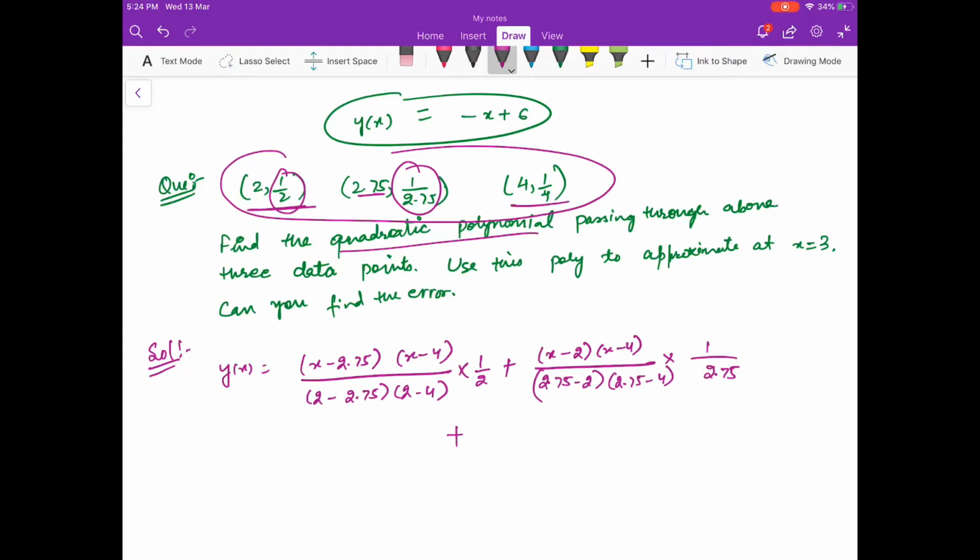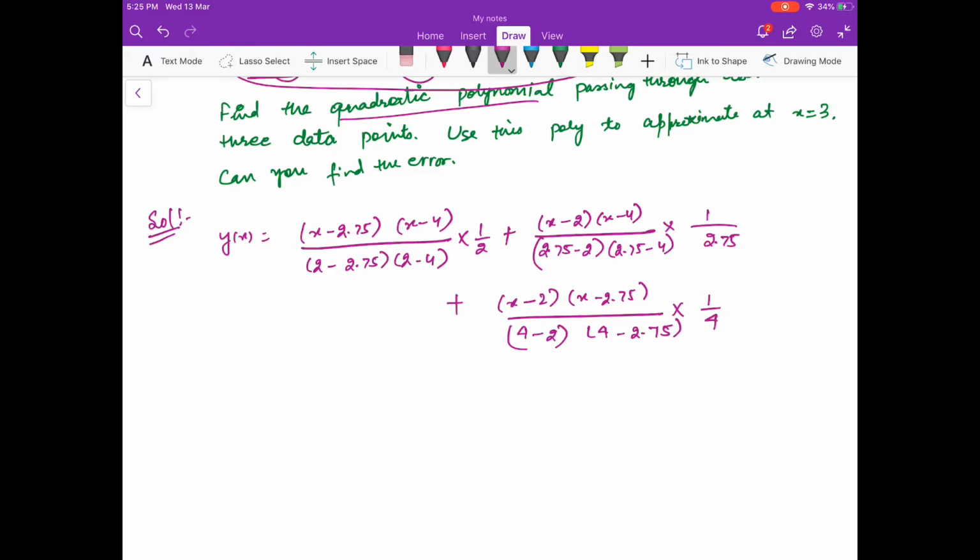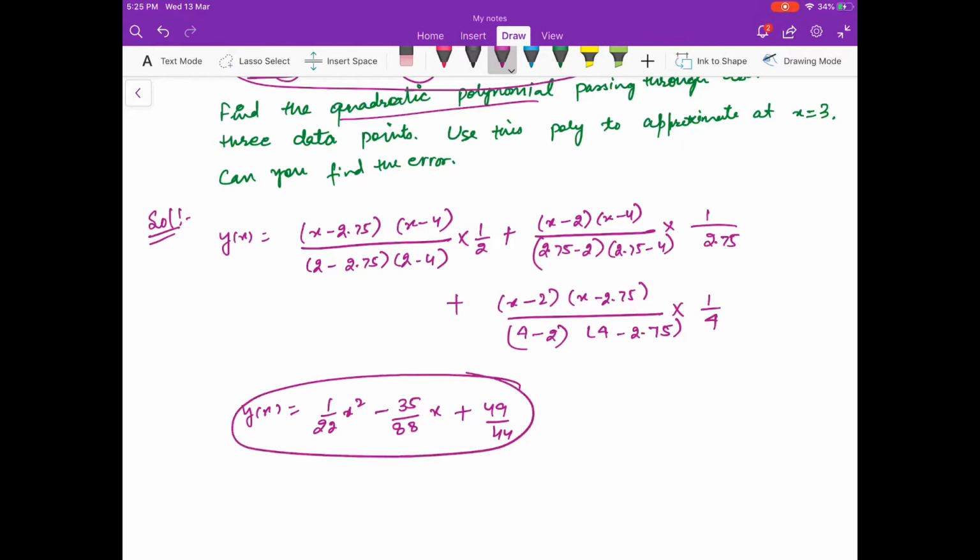Now you don't use the third data point, so you have x minus 2, x minus 2.75 upon 4 minus 2, 4 minus 2.75, into the value of the function, that is 1 by 4. So you just simplify this polynomial. This polynomial is equal to 1 by 22 x square minus 35 by 88 x plus 49 by 44.